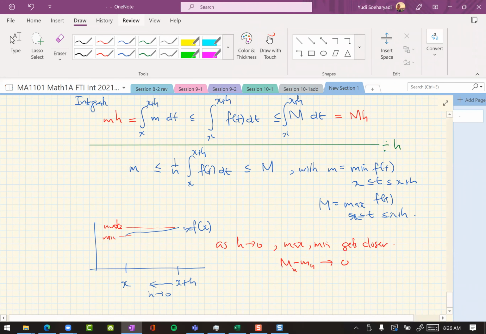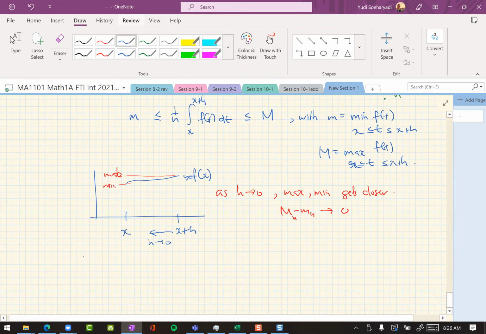All right, so the next is take the limit. Yes, h goes to 0. What does this m go to? This m goes to the value f of x. Well, that's this. Okay.